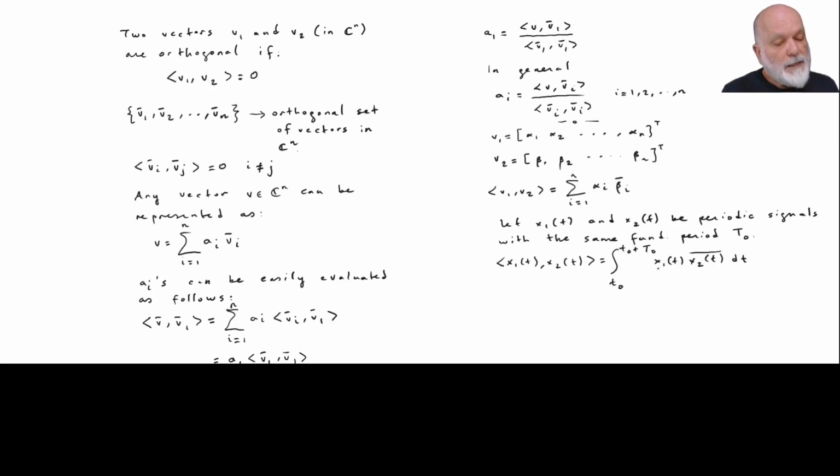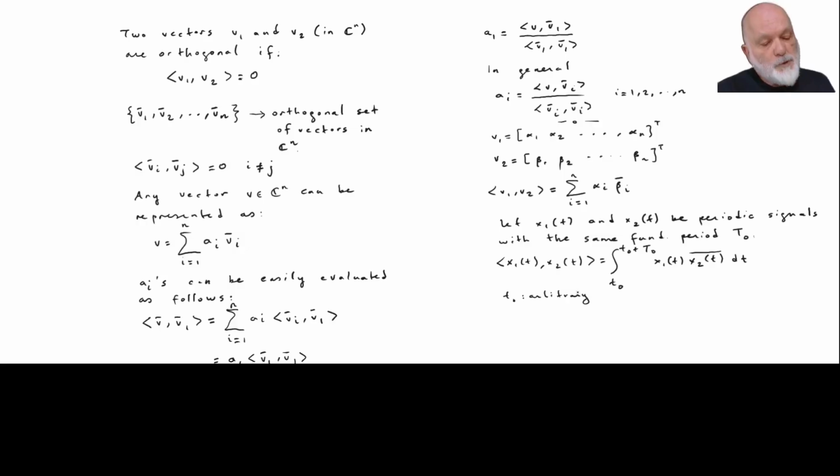We have the product x1 of t and x2 of t complex conjugate, and then we integrate over a period. So here t0 is an arbitrary value, but you can choose it.